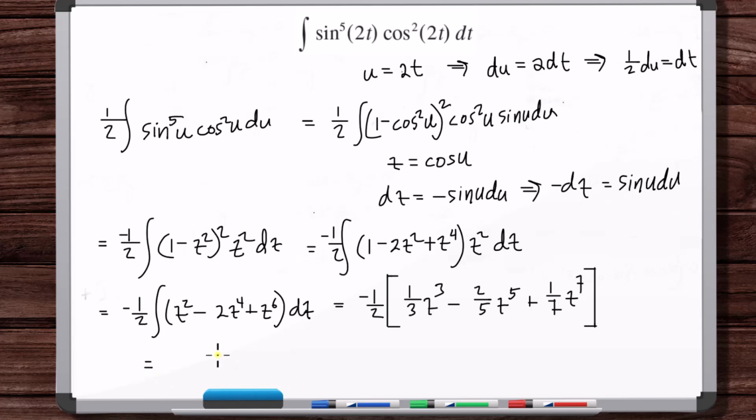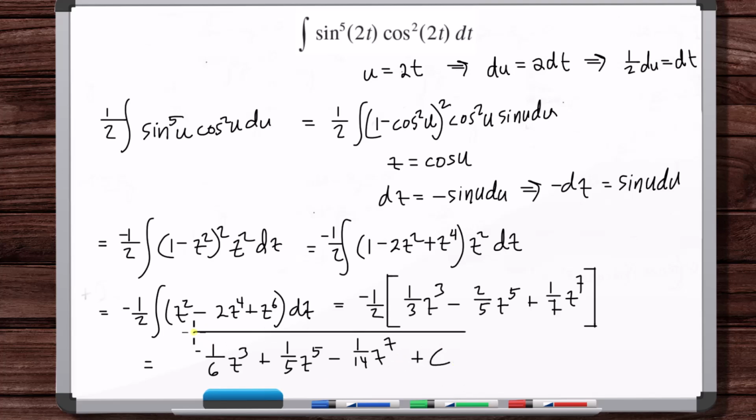Okay, so let's do it like minus 1/6 z cubed plus 1/5 z to the fifth minus 1/14 z to the seventh plus c. And that is the integral.